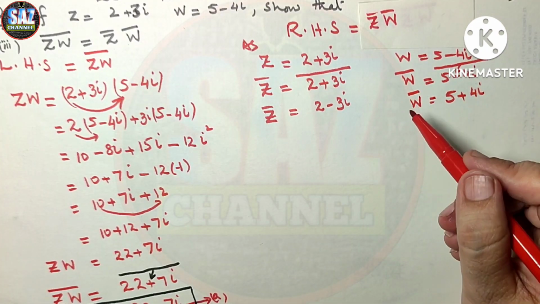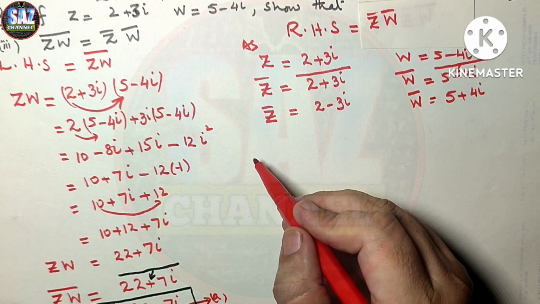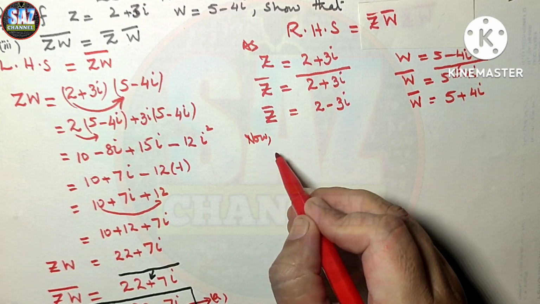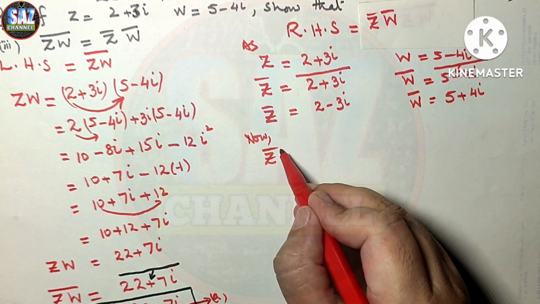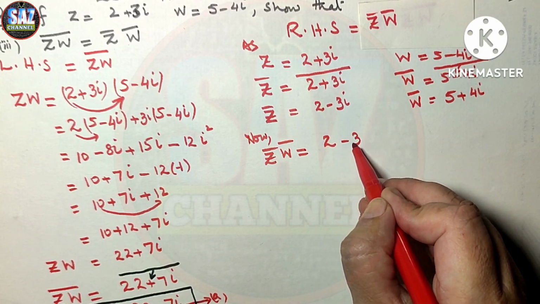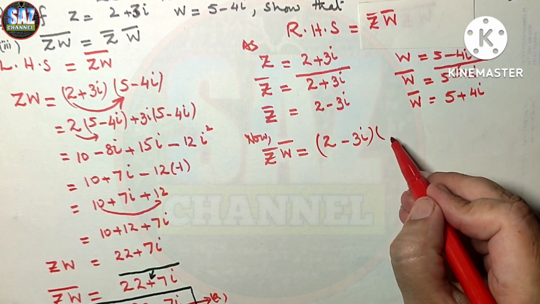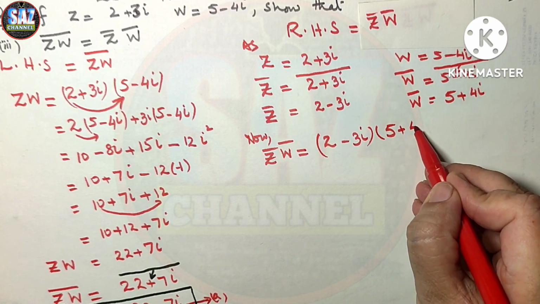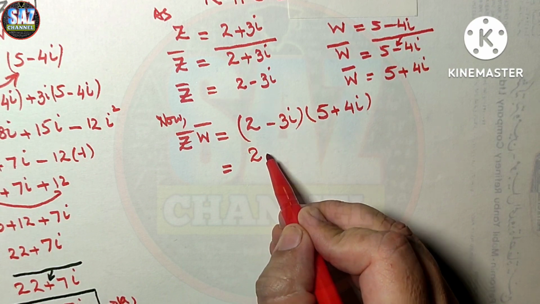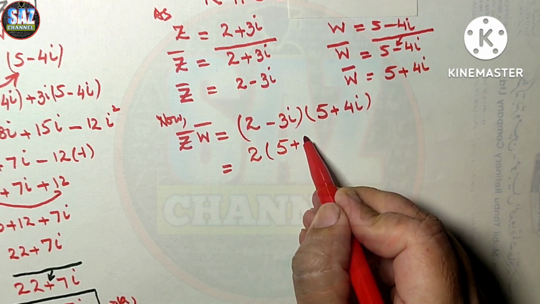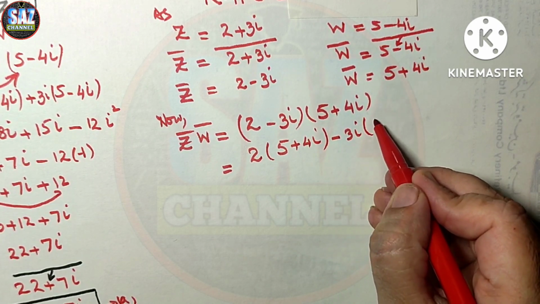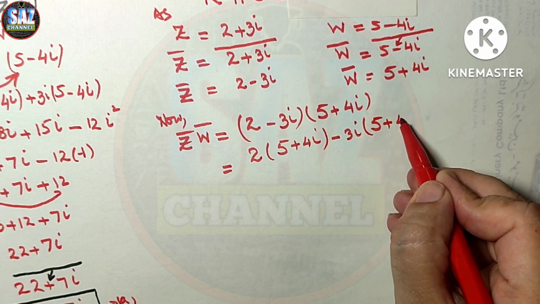Now we have to multiply this Z bar with W bar: 2 minus 3 iota into 5 plus 4 iota. Again, 2 will have to be multiplied with 5 plus 4 iota, and minus 3 iota will have to be multiplied by 5 plus 4 iota.